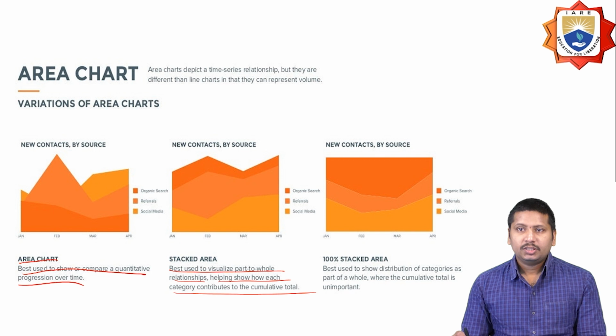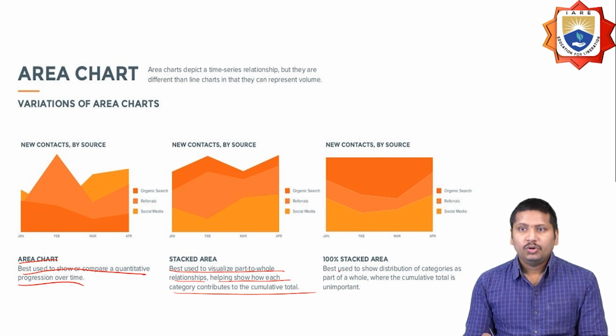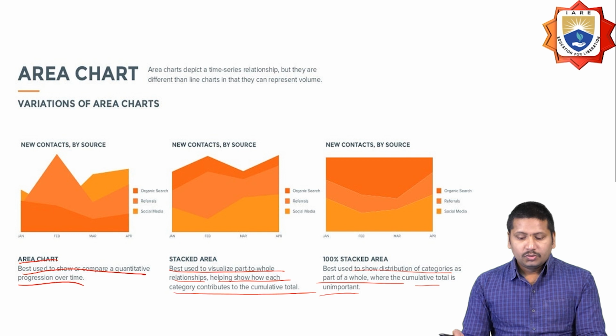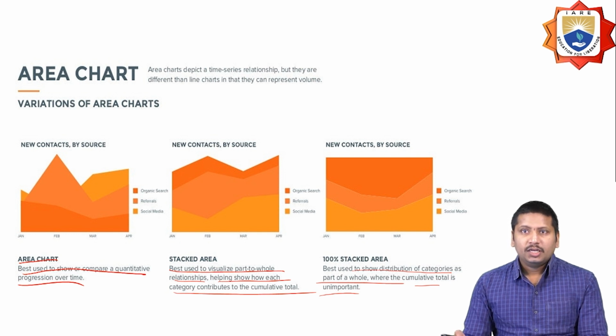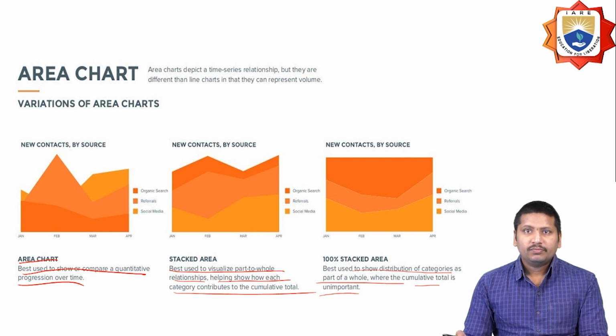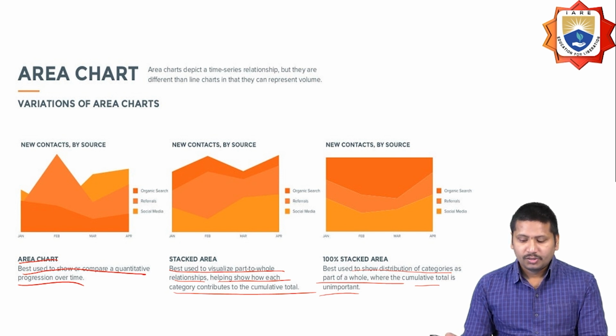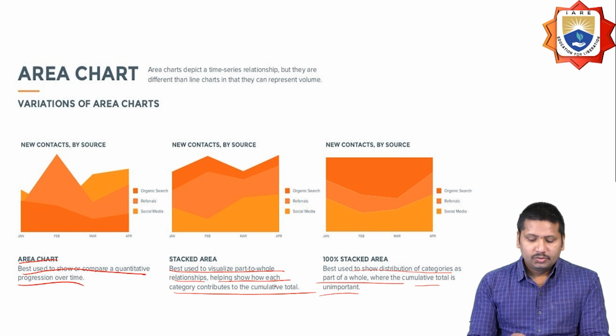A 100% stacked area shows the distribution of categories as part of a whole where the cumulative total is unimportant. An area chart depicts a time series relationship, but it is different from the line chart. Area charts, stacked areas, have different variations.